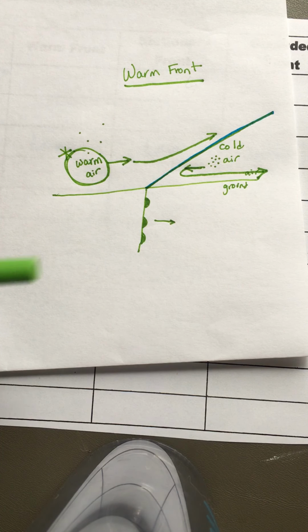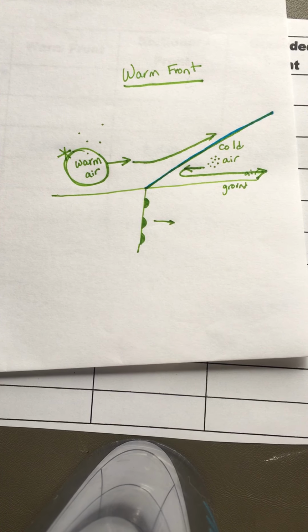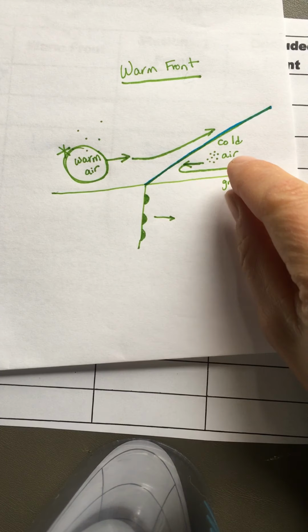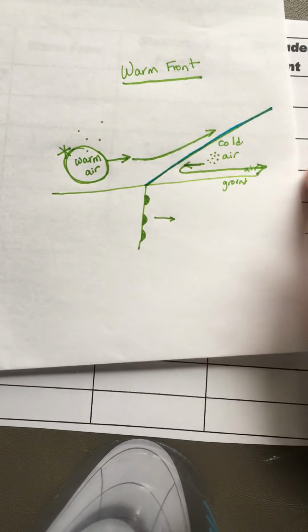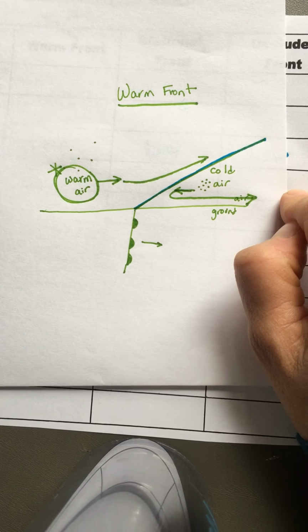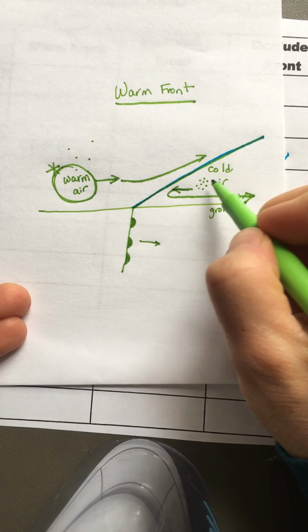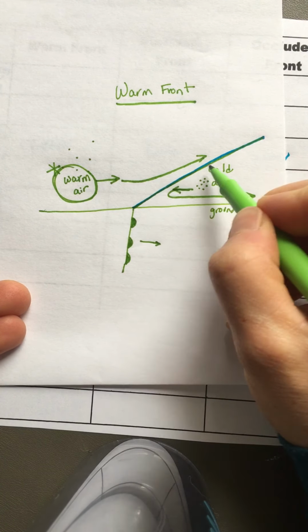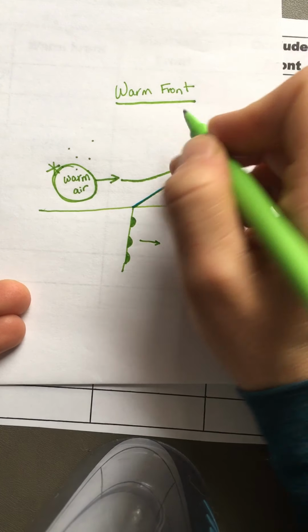If you ever carved a pumpkin, you know when you pull the pumpkin seeds out of the pumpkin and you can sort of squeeze them between your fingers and they are slippery and they just squeeze right out. That's what I want you to envision when you envision this cold air sort of sliding backwards. So as this warm front advances, the cold air is shoved backwards. The warm air sort of pushes on the top to scooch this cold air back.